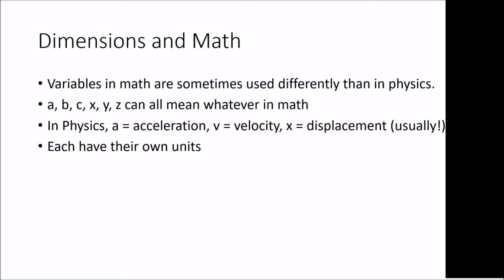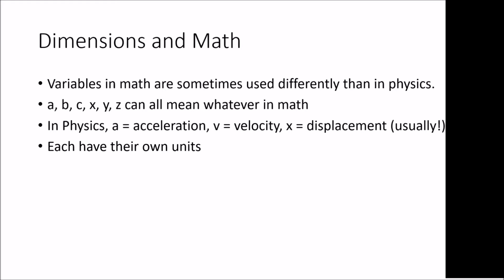A is acceleration, and V is velocity, and X is X displacement, and Y is Y displacement. And they can have subscripts on them. You can have like Vx, V sub X, which would be the velocity in X, things like that. And so beware of that as you are learning math and learning physics, many of you at the same time, taking those classes in school at the same time. Because it's easy to get a little bit confused going from a physics class to a math class.